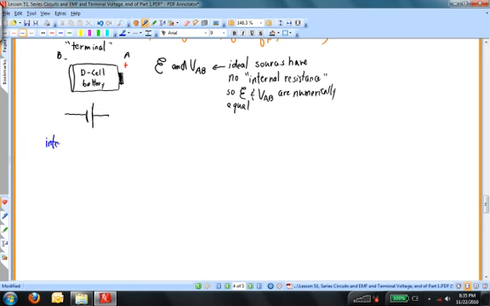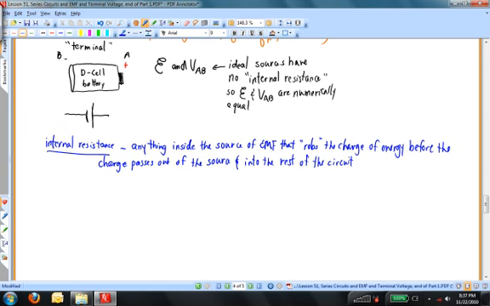What we mean by internal resistance is anything that's going to lead to a drop in the amount of energy that a source of EMF is able to provide for the charge before the charge actually reaches the terminals of the source. In terms of this D-cell battery right here, as the chemicals react inside the battery, there is a little bit of heat that's generated, and it turns out that that heat robs the charge of some of the energy it might have otherwise received before it actually makes its way into the circuit.